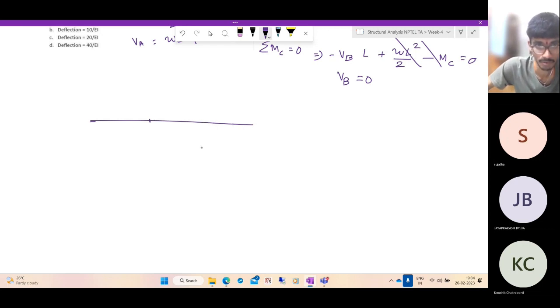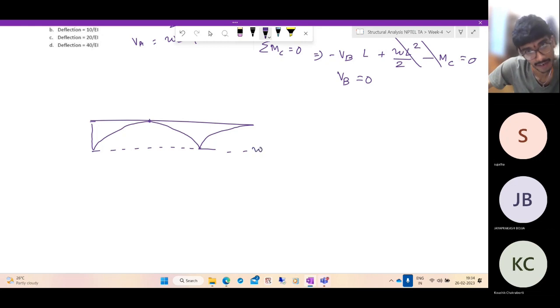Here we have an intermediate support, so it is maximum. And here it has the same value of WL square by 2. So the maximum values are WL square by 2.